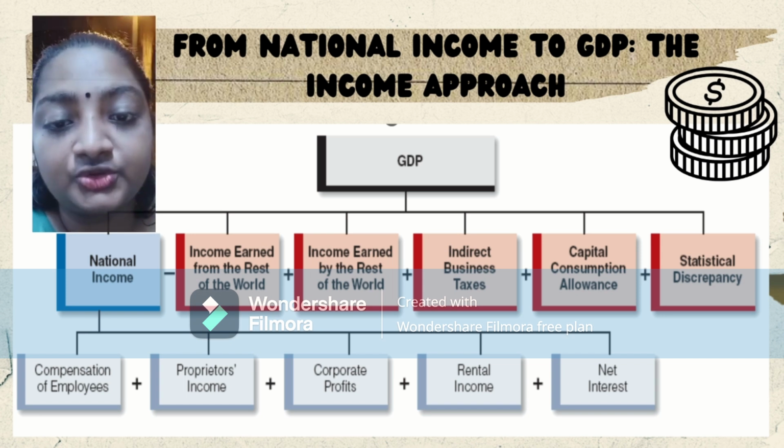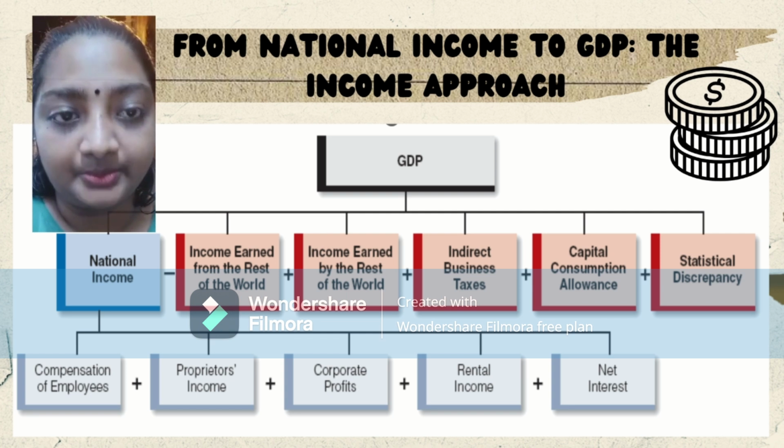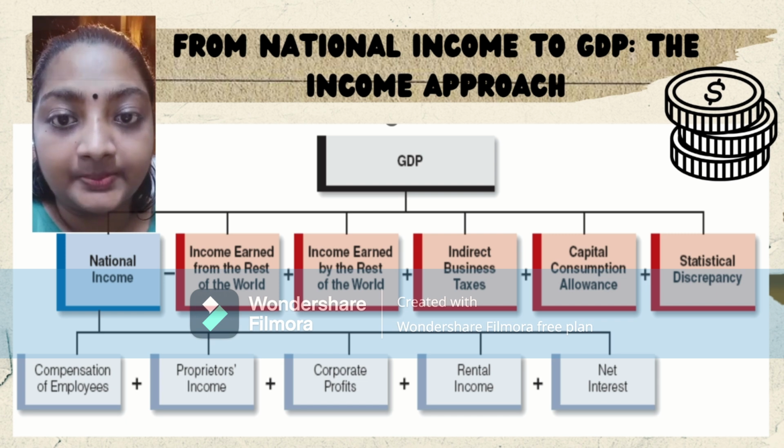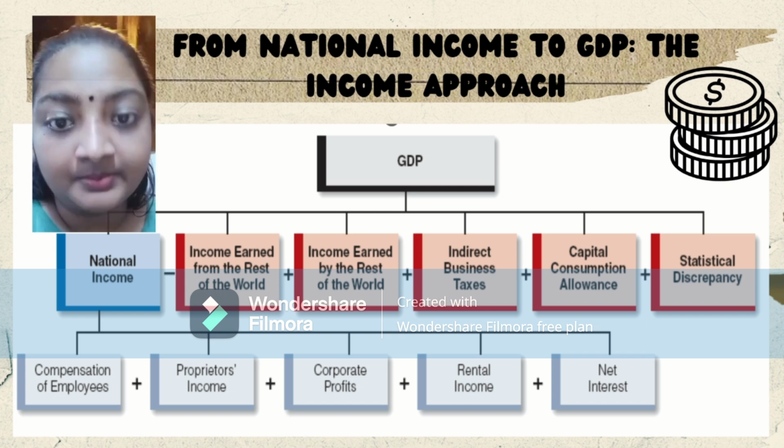This image shows the components and the steps in how we calculate the GDP using the income approach. To calculate the GDP, we add the national income, including the 5 components, minus the income earned from the rest of the world, plus the income earned by the rest of the world, plus indirect tax, plus capital consumption, and plus statistical depreciation.